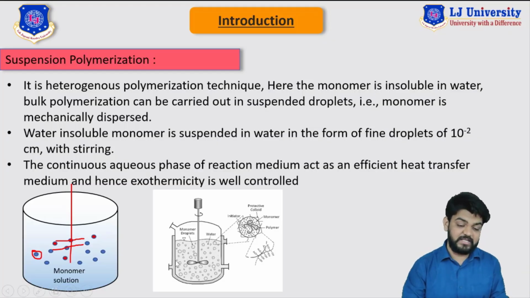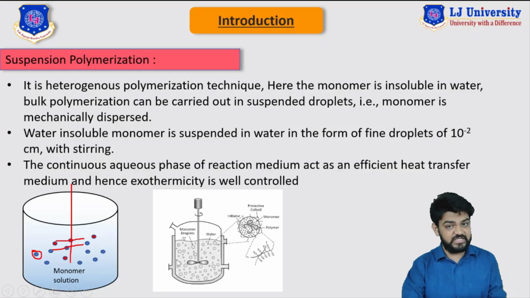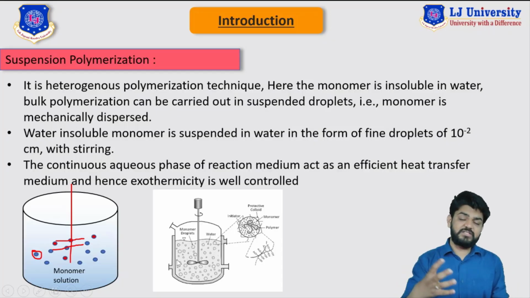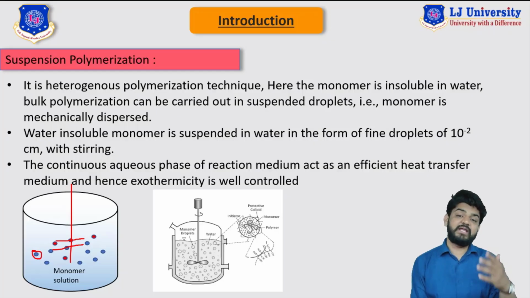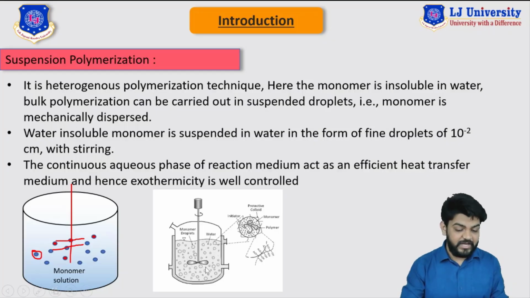Suspension is a kind of heterogeneous system in which your monomer is suspended, or we can say it is in the form of droplets, right? You can see in this image, these are the droplets of the monomer, which cause this entire mixture to be in suspension.